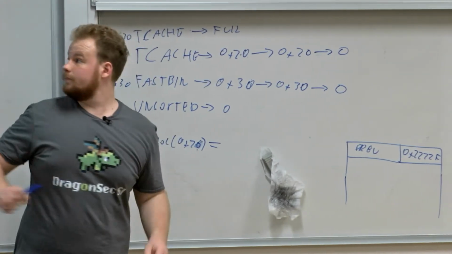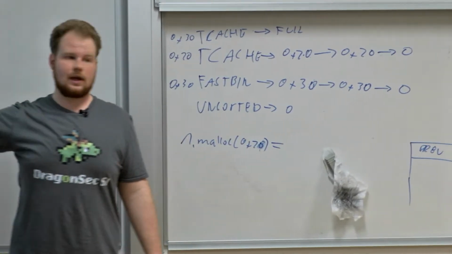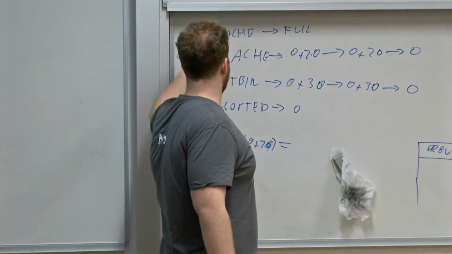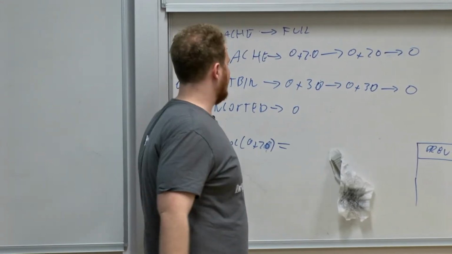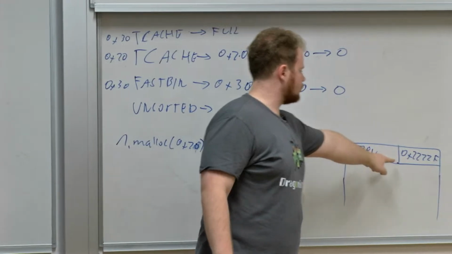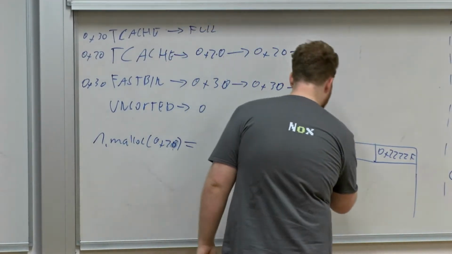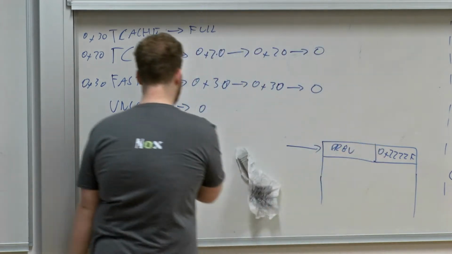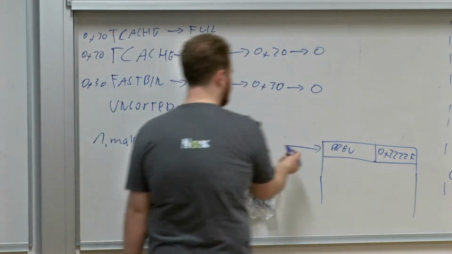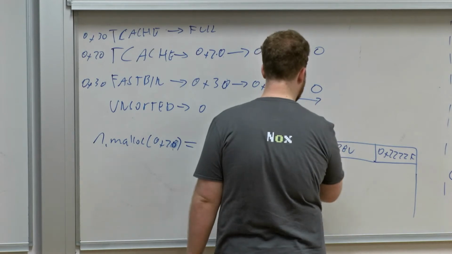And after malloc sees that every single cache is empty, so the fast bin, the Tcache, and the unsorted are all empty, it will turn to the top chunk and say, new chunk is top chunk minus the size. So in this scenario, it will just point it right here.